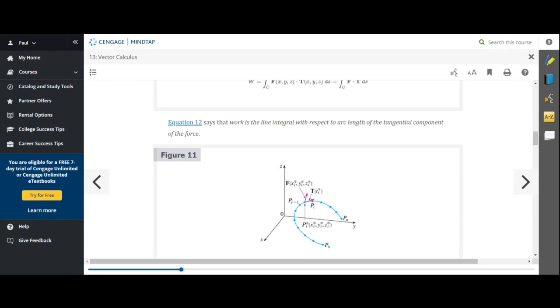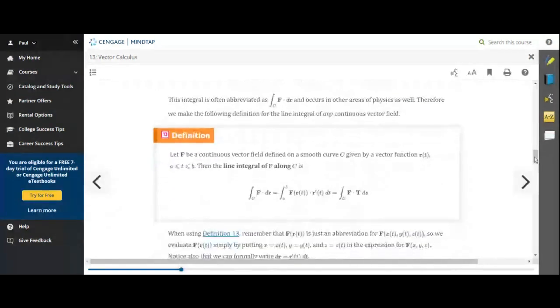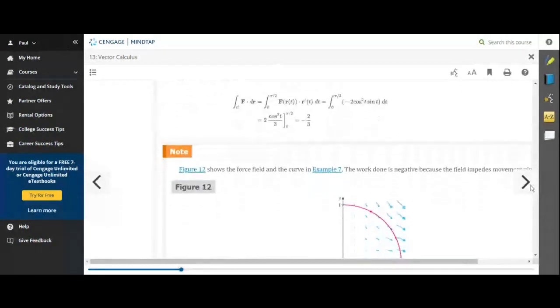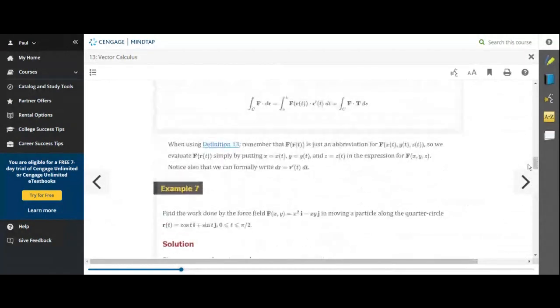So we have to scale that dot product by multiplying by some differential, for instance a differential t. If we add up all the little dot products, we get an expression for the work that the force field does in moving the particle along that curve C.